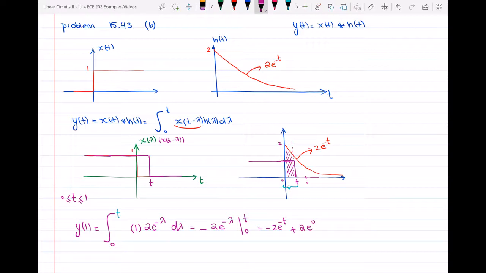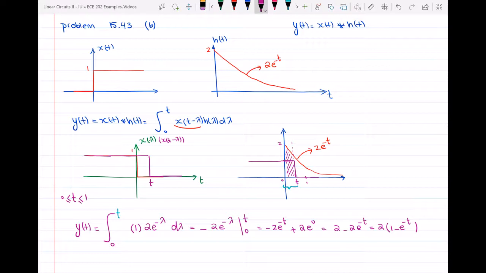Because the lower limit was 0. So that would be 2 minus 2e to the negative t, and it will be equal to 1 minus e to the negative t. So this is when t is between 0 and 1.